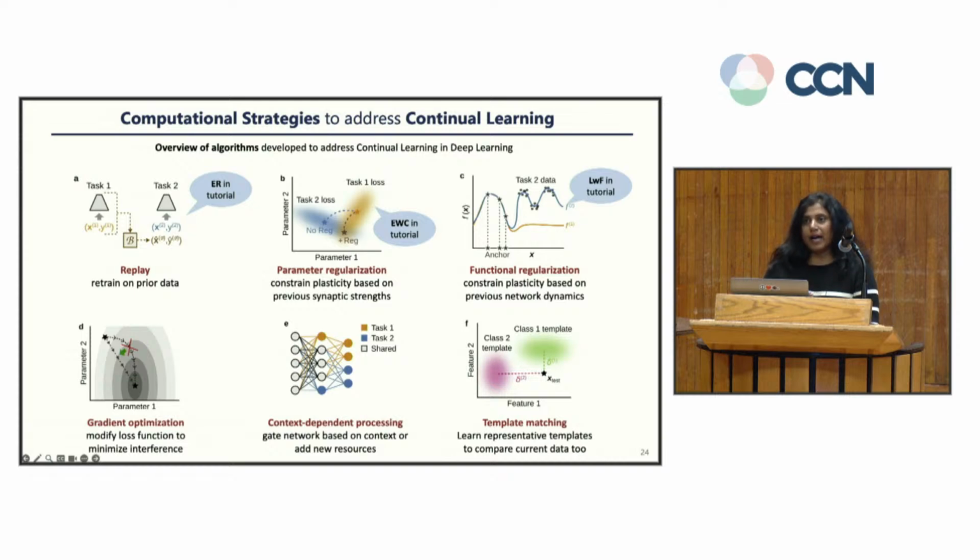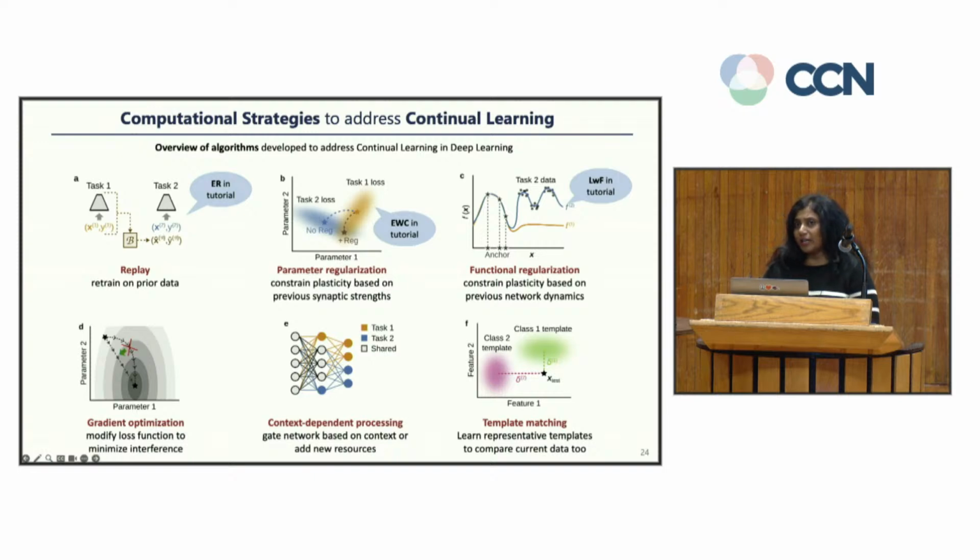Context-dependent processing, perhaps this audience might be more familiar with the terms neurogenesis, pruning, synaptogenesis, synaptic pruning. These kinds of techniques would fall under context-dependent processing, where you're adding new resources or pruning the resources when you do not need them to solve a specific task. And the last one is template matching.